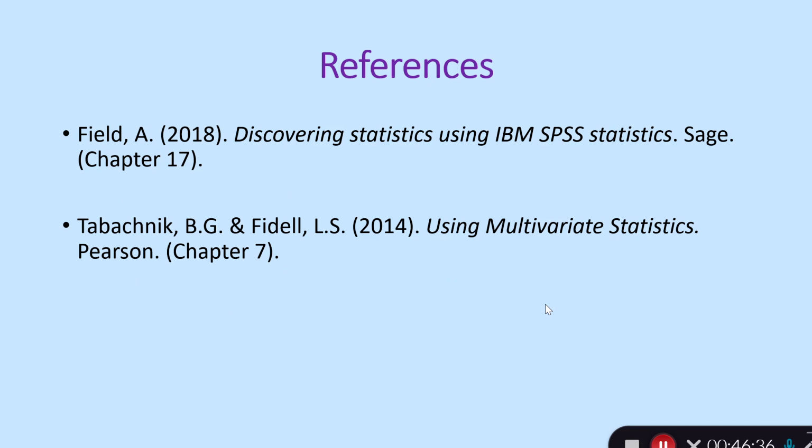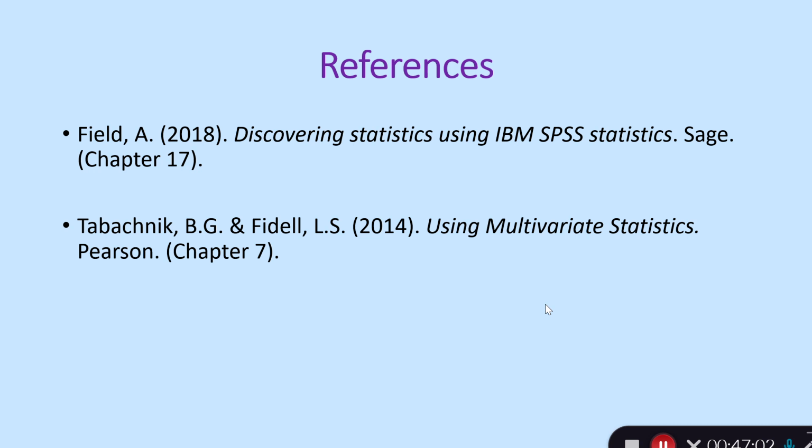So, a couple of references for you there. The Andy Field textbook, chapter 17. Andy Field gives a good explanation of MANOVA. In terms of the post-hoc follow-up tests, he recommends using something called discriminant analysis, which is mathematically identical really to MANOVA, but it is the exact reverse.